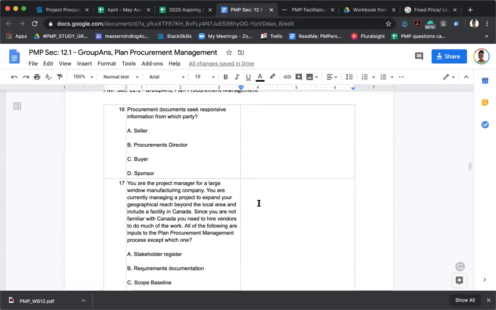Procurement documents seek responsive information from which party? Seller, procurement director, buyer, or sponsor? Well, it depends who's who. If I'm a buyer, then I need stuff from the seller. If I'm a seller, I need it from the buyer. You're always looking at yourself as the buyer during plan procurement management, according to Stack Skills.